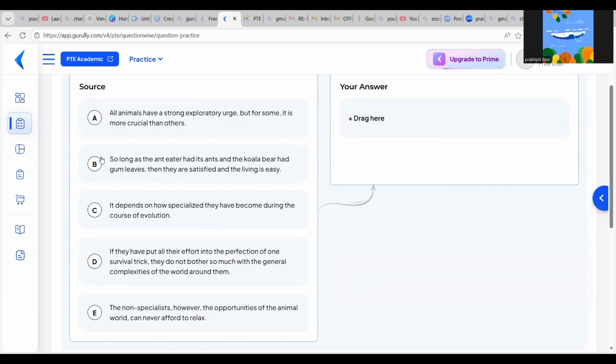All animals have a strong exploratory urge, but for some it is more crucial than others.